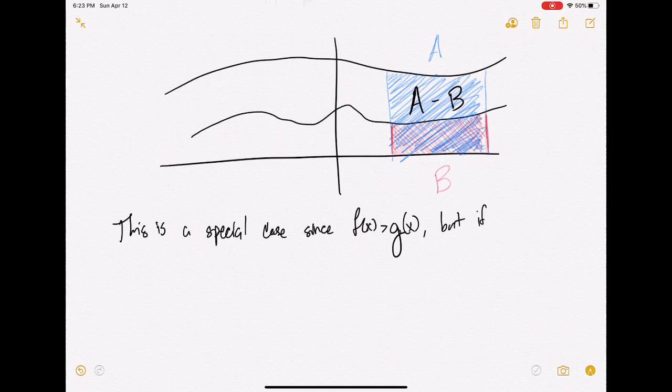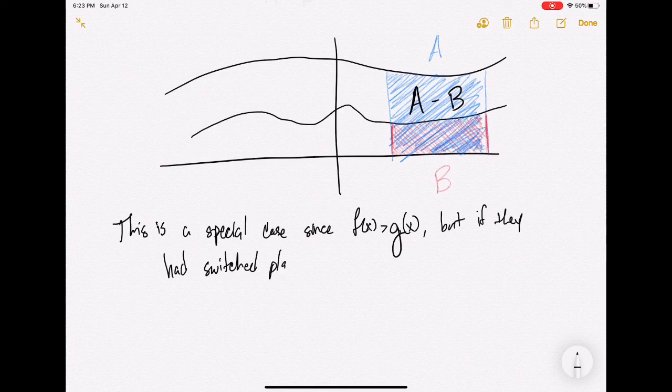But if they had switched places, it would have been g of x minus f of x. So whatever it is, it's always the top curve minus the bottom curve.